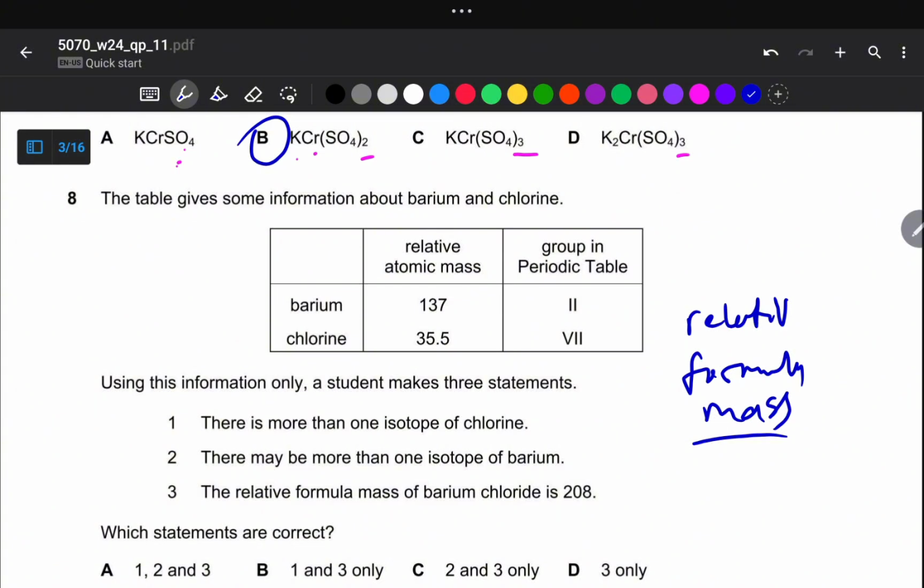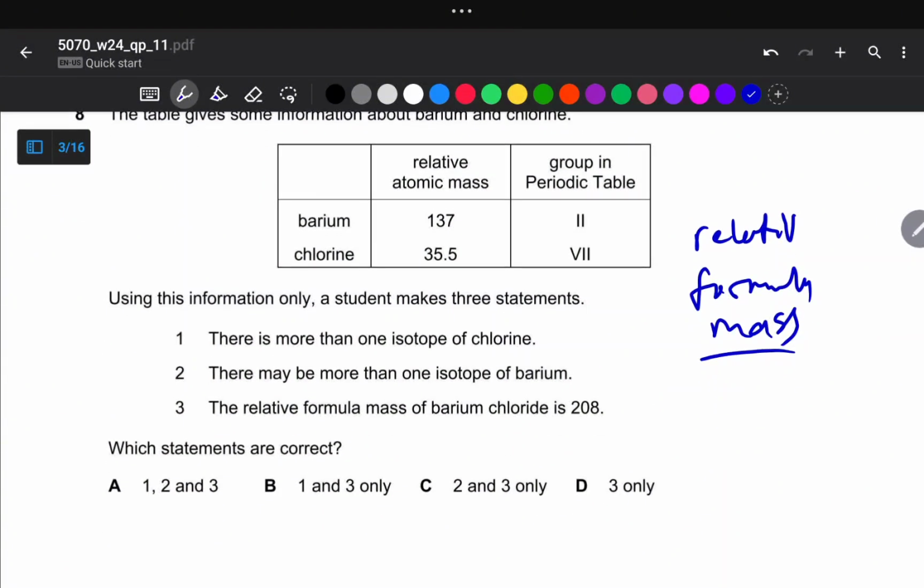And then chlorine, we've got the relative atomic mass 35.5, and then chlorine is in group 7. So we are told to use this information only. The student makes 3 statements. The first statement says there is more than one isotope of chlorine. This is true. Why?